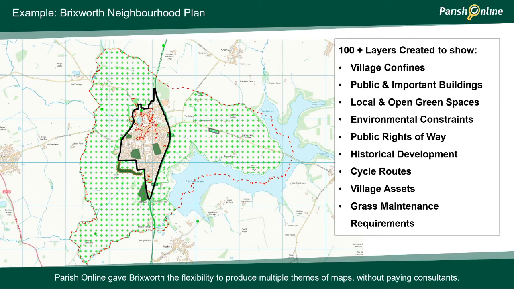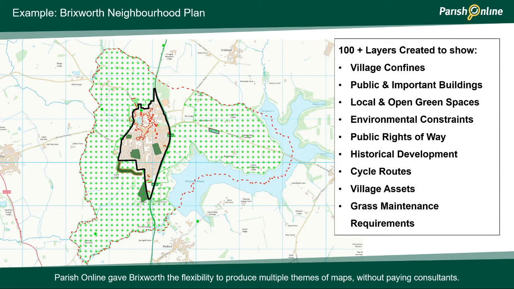Here's an example of a parish who used Parish Online for their neighbourhood plan. They put in their own private layers. They put in their village confines. They put in environmental constraints. They got information from the local authority on public rights of way, and they built up a picture of their area.